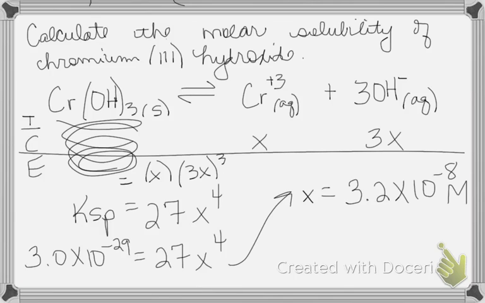Okay, to summarize everything we figured out, when we started off with the silver chloride and the calcium carbonate, you guys saw that for those, Ksp was equal to x squared. Anytime it's a compound that makes one cation and one anion, it will always be Ksp equal to x squared.